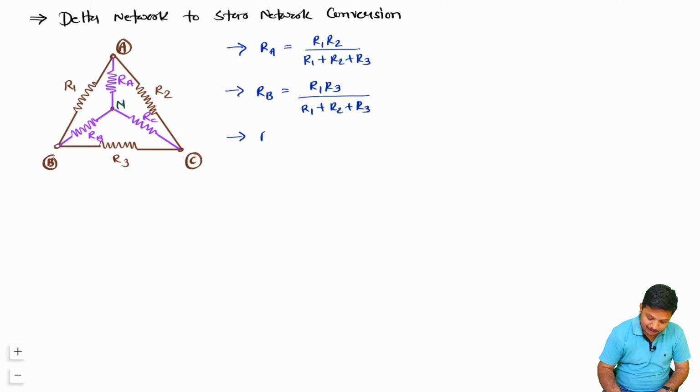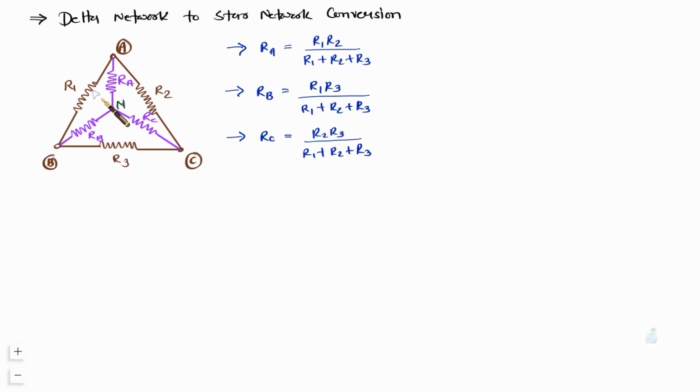Now when you want to calculate RC, then similarly for RC calculation we need to multiply adjacent elements. So adjacent is R2 and R3, divide by, we need to add all three elements of delta. So that is R1 plus R2 plus R3. So that is how we can convert delta network into star network.